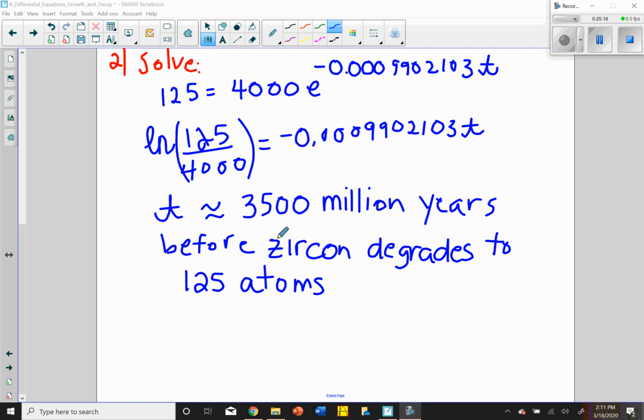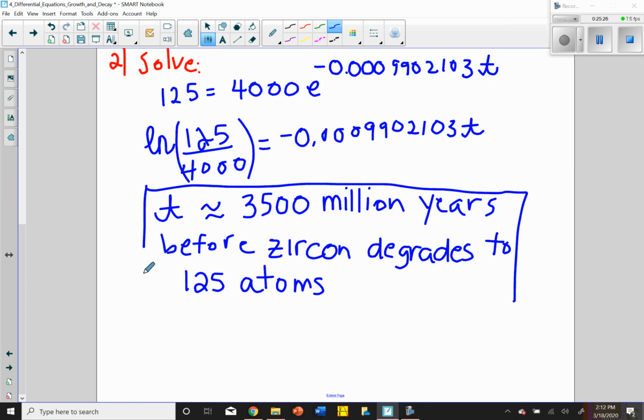So it's going to be about 3,500 million years before our zircon sample of 4,000 atoms would be degraded to about 125 atoms. That's an awful long time.